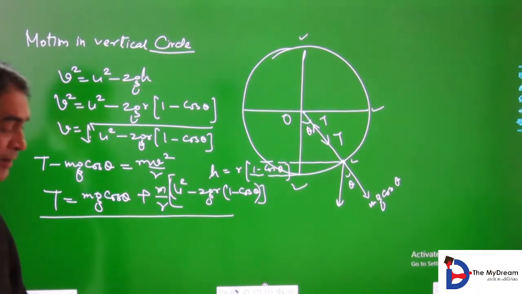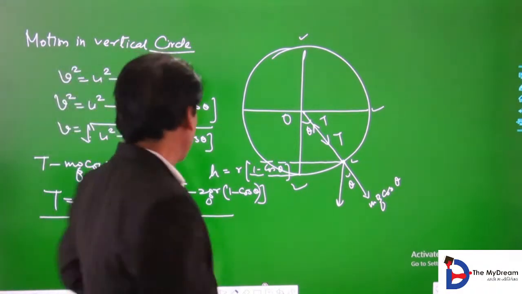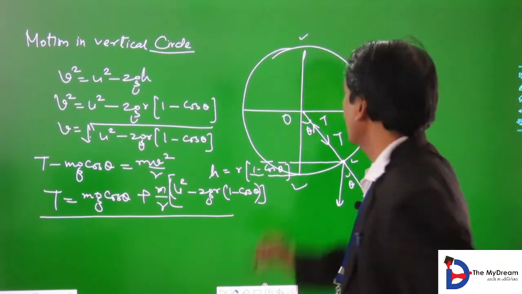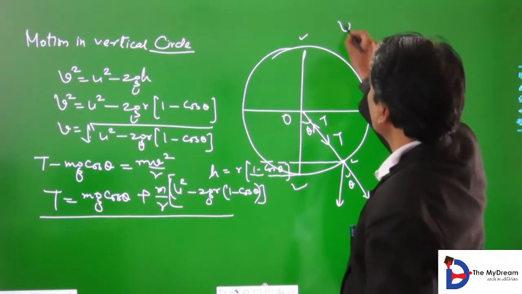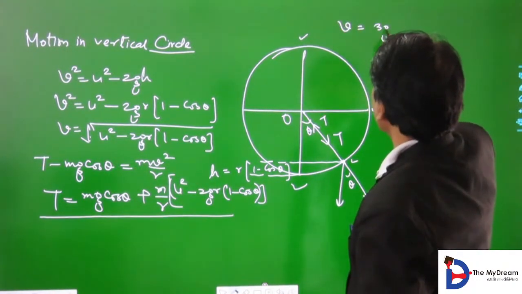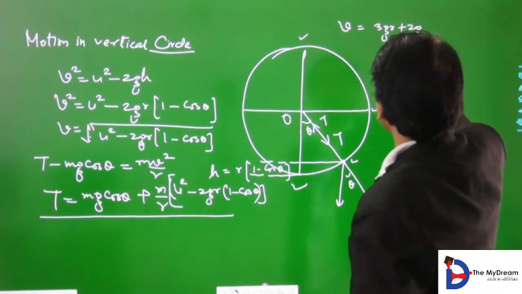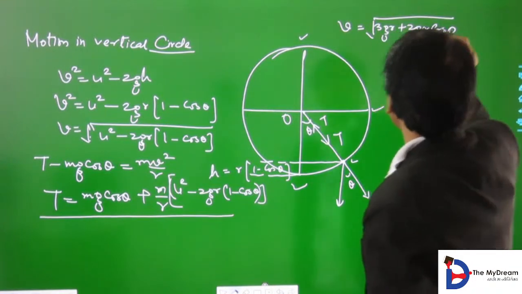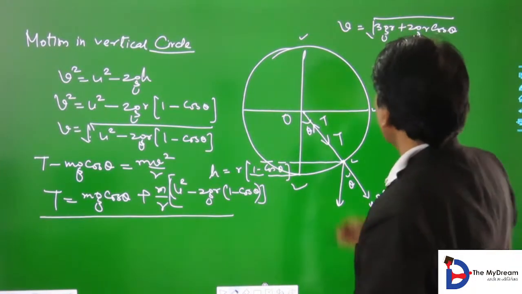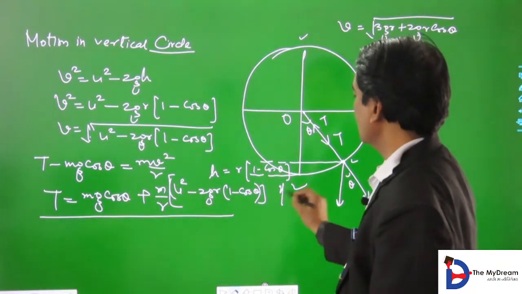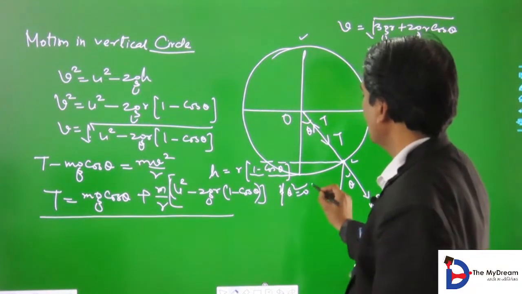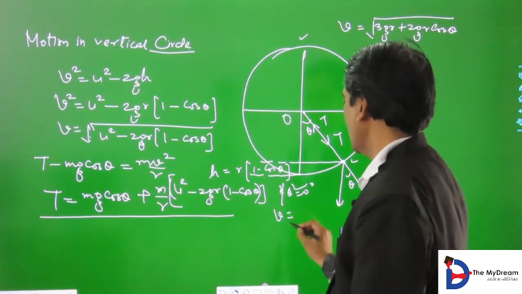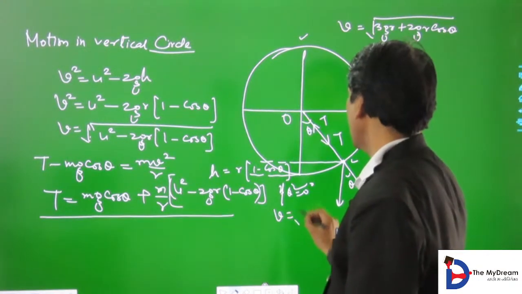If you want to learn the tricks and techniques, इसके बाद क्या रखें, क्या क्या आएगा वो देख. So velocity can be under root 3gr plus 2gr cos theta, as you have solved it. ठीक है. If theta is equal to 0 डिग्री, cos 0 1 हो जाएगा, तो मिनिमम वेलोसिटी इतनी होनी चाहिए.